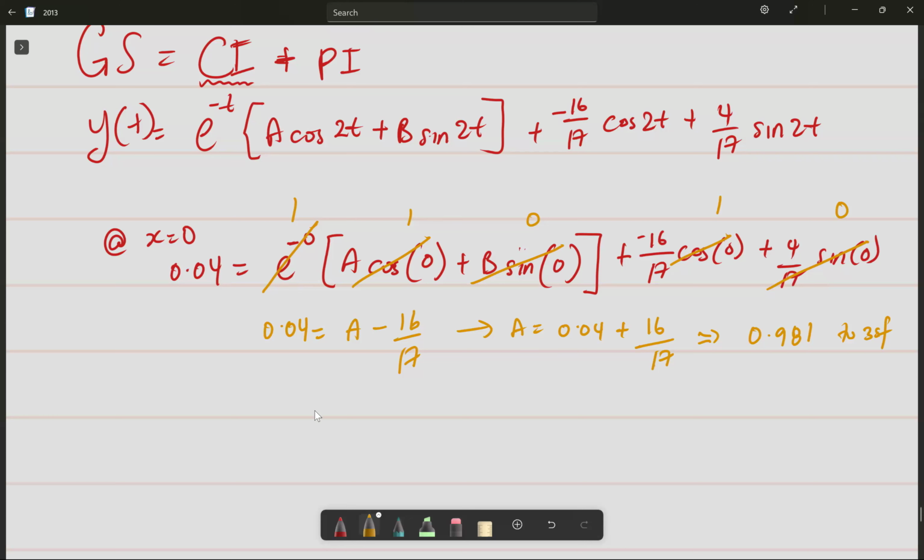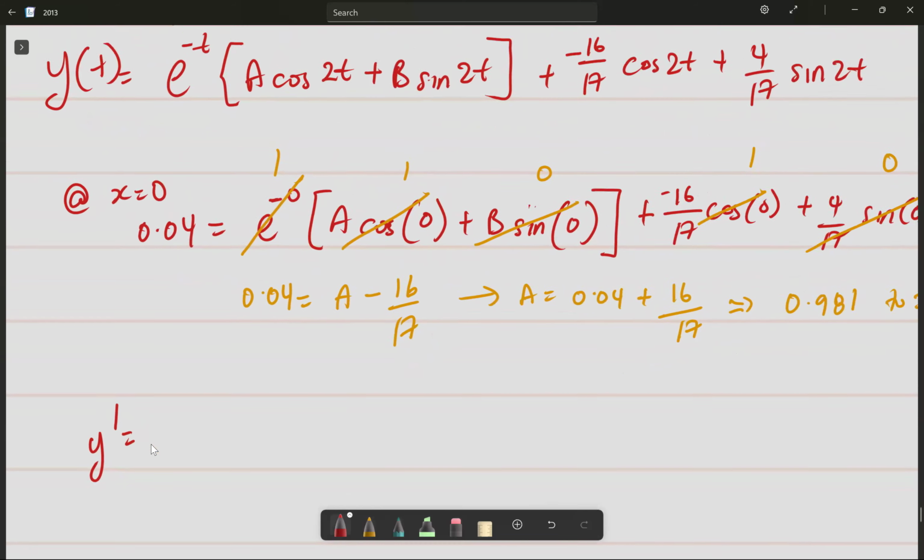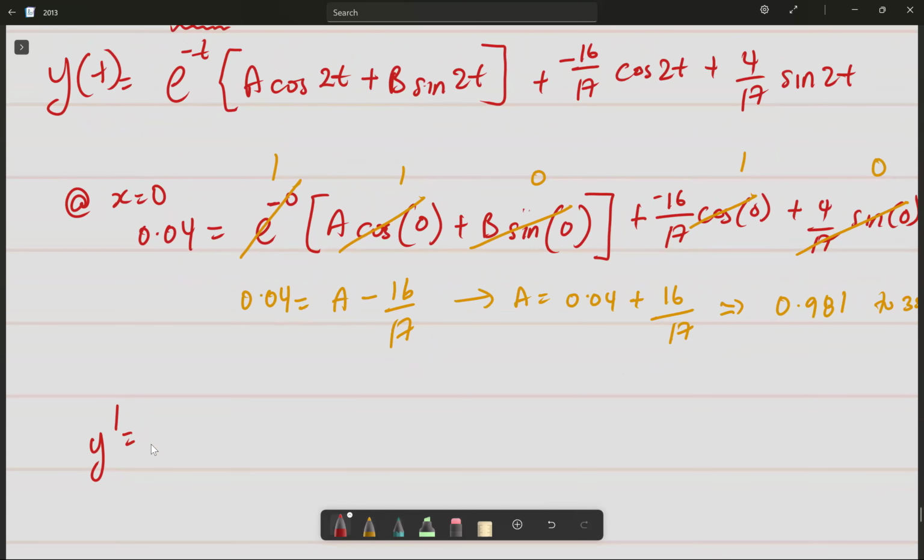So the next part now is we want to find b. To find b, we have to differentiate y. So y prime is going to be equal to e to the negative t. So it's a product rule. So it's e to the negative t multiplied by the differential of what's inside.